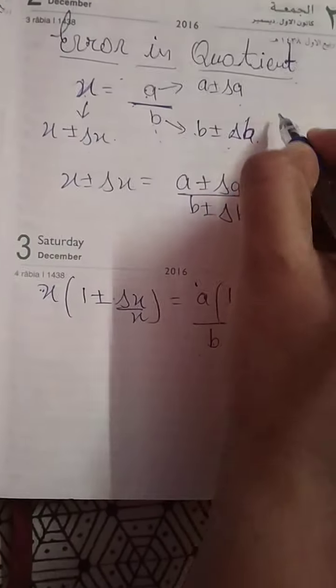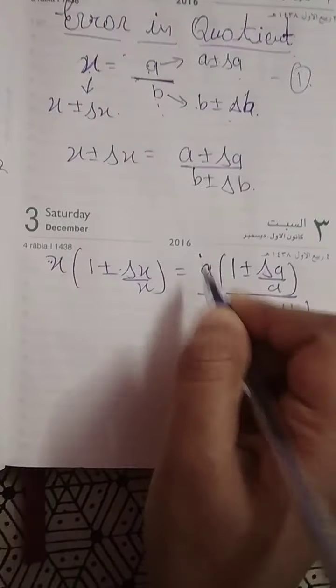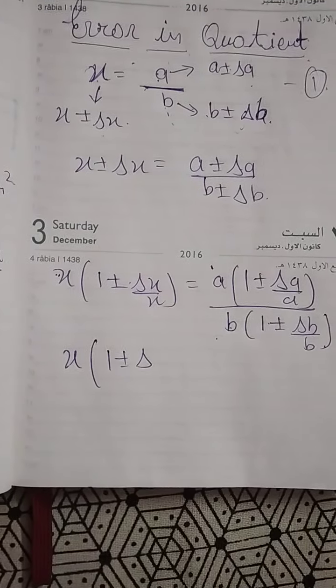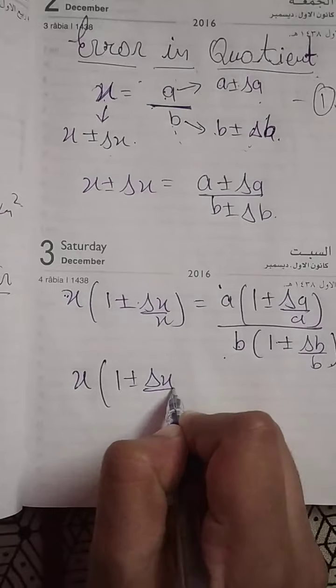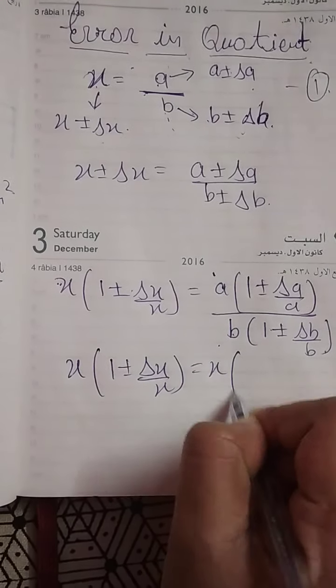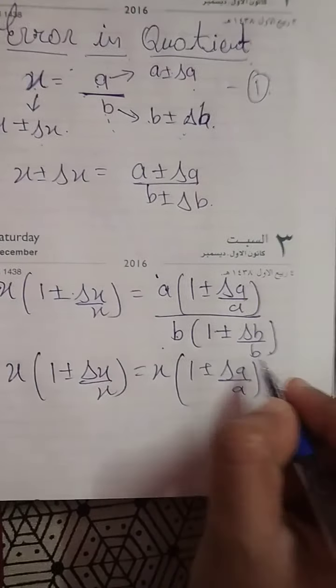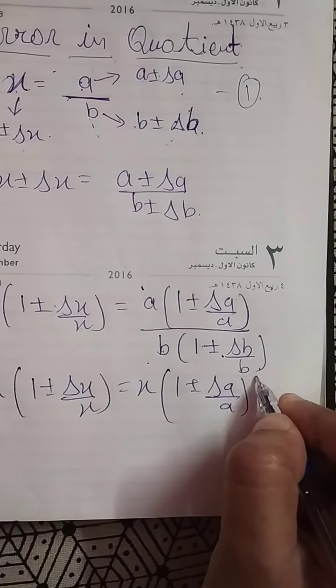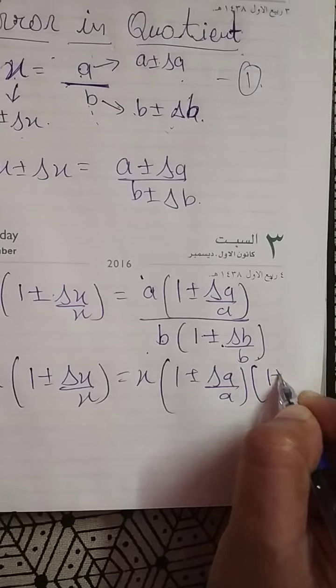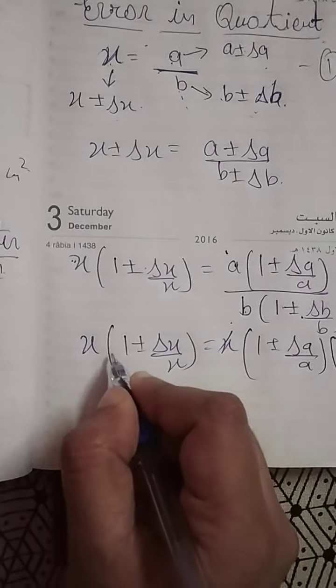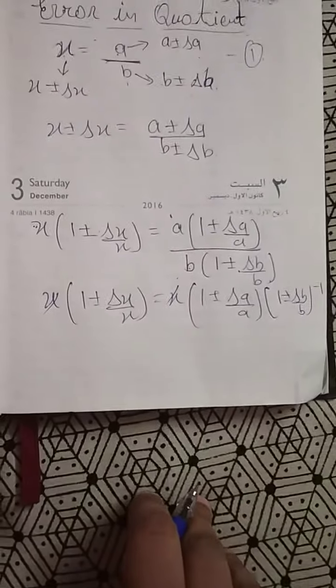This a upon b from equation 1 gives x. So 1 plus minus delta x over x is equal to x times 1 plus minus delta a over a, and if you take this to the numerator, you get 1 plus minus delta b over b to the power minus 1, and x cancels out.